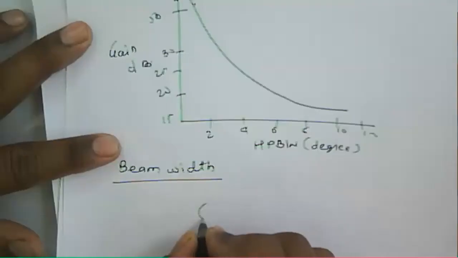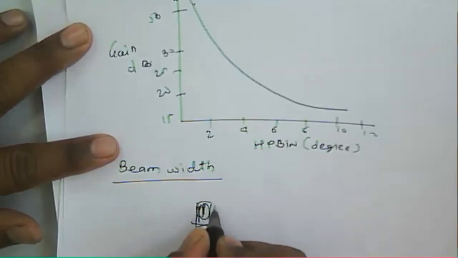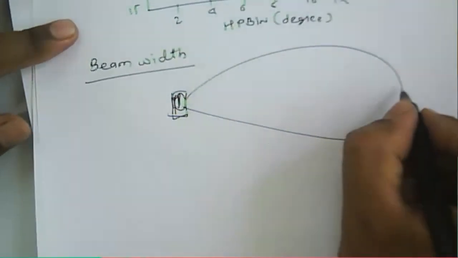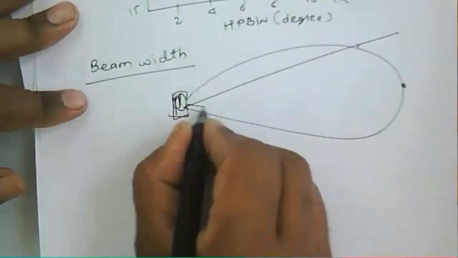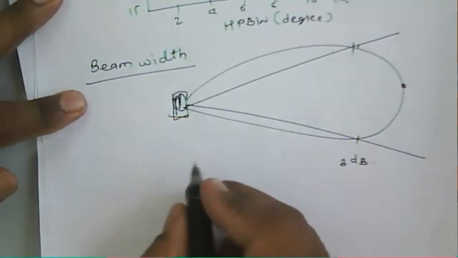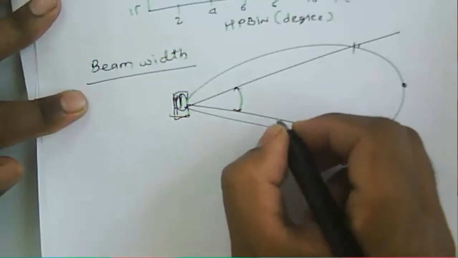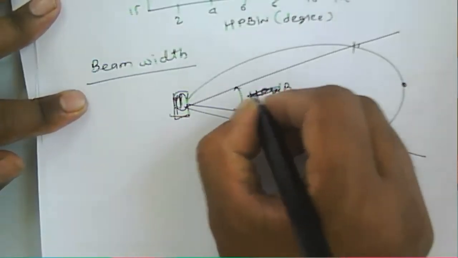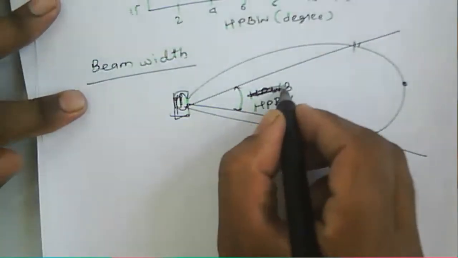So beam width, as I told you earlier, for the given antenna, suppose we say this is the radiation pattern of an antenna. Here we have a maximum. So 3 dB point here, 3 dB point here. These are the 3 dB points or half power points, and the maximum here. From this maximum to this, these are the 3 dB. So this is nothing but the half power beam width.